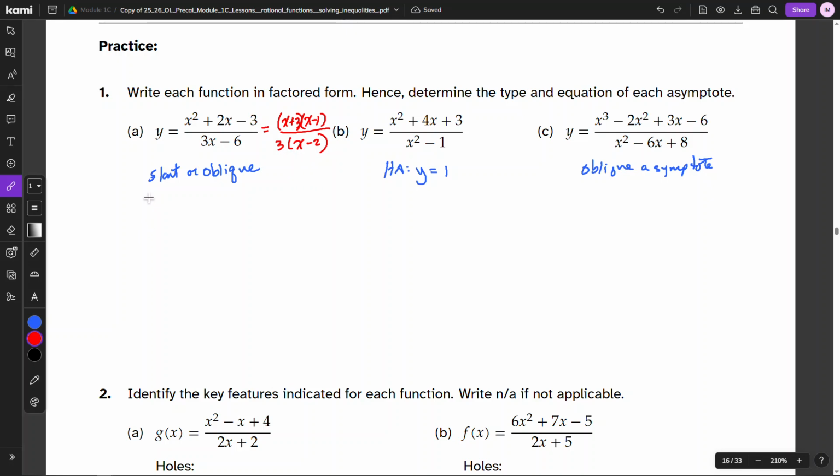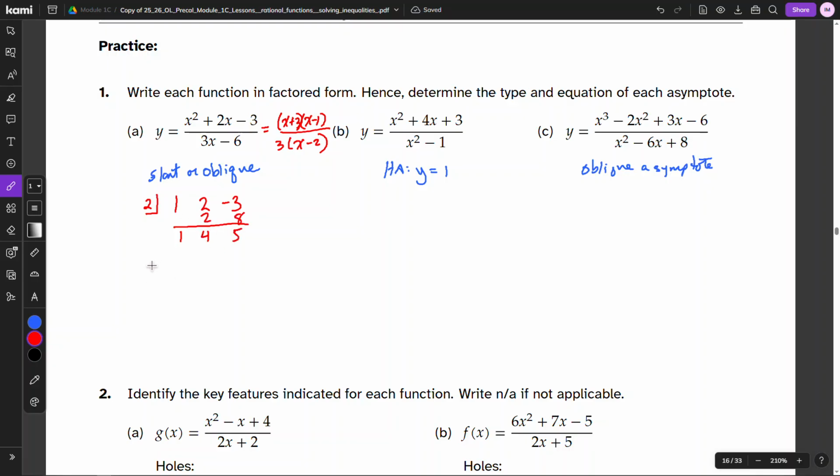And I could do the long division if I wanted to, or I could say, hey, my denominator will have a root with x equals 2. And so I could say, hey, well, I'm just going to work with the root of x equals 2, do synthetic division, and multiply.